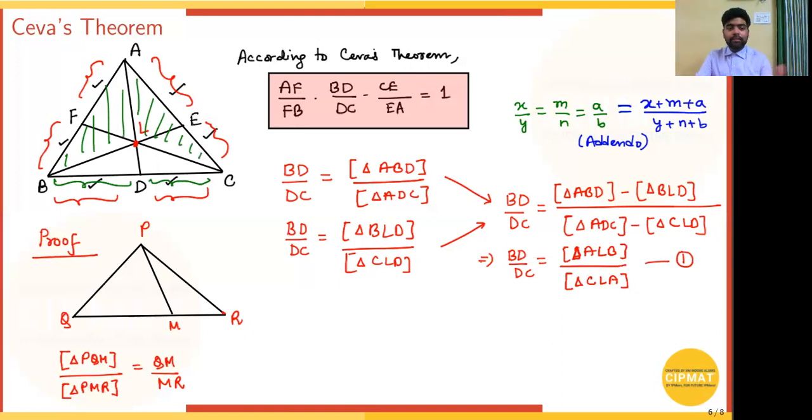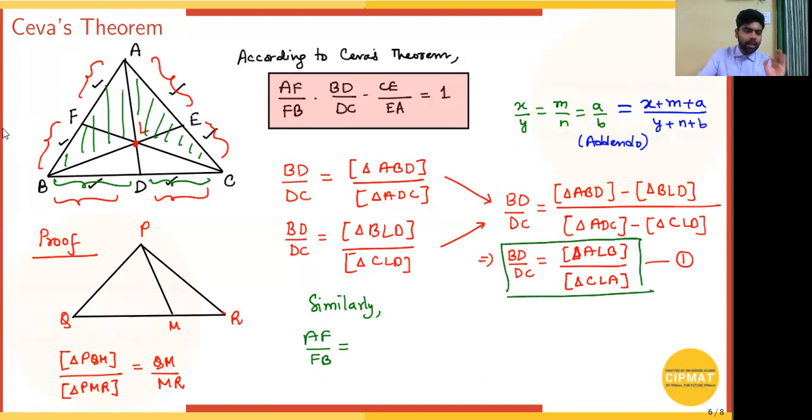Now, similarly, AF upon FB, by the same logic, just like equation number 1, can I say that AF upon FB is equal to area of triangle ALC divided by area of triangle CLB? Yes, of course, I can write that.